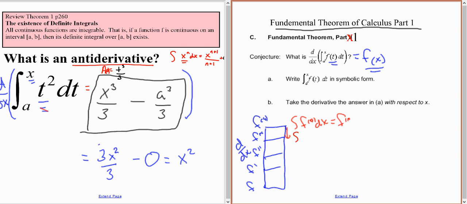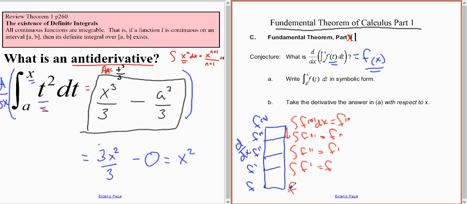If we integrate the third derivative, we get the second derivative. If we integrate the second derivative, we get the first derivative. If we integrate the first derivative, we get the original function, f of x. So derivatives go up, integrals go down.